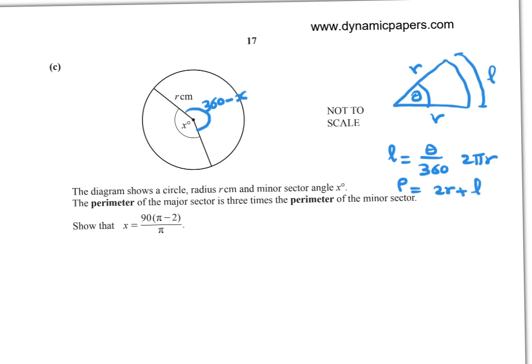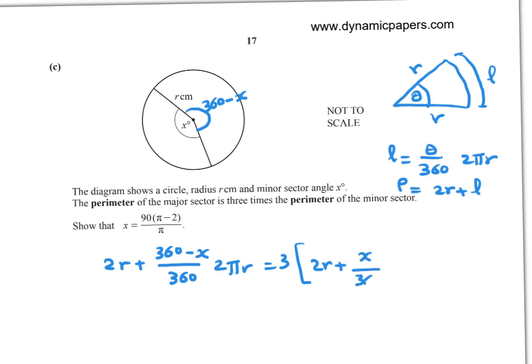So now we have the perimeter of the major sector equal to 3 times the perimeter of the minor sector. The perimeter of the major sector is 2r plus the length of the arc of the major sector, which is 360 minus x over 360 times 2 pi r, equals 3 times the perimeter of the minor sector, which is 2r plus x over 360 times 2 pi r.